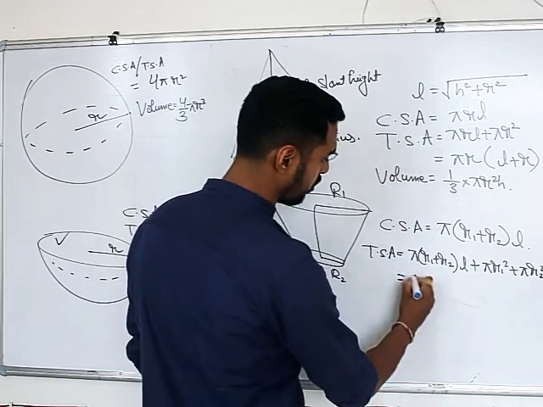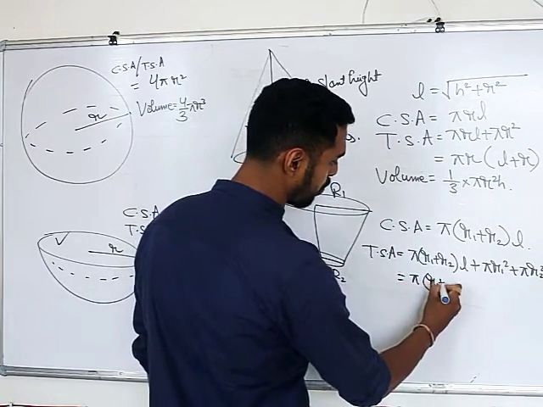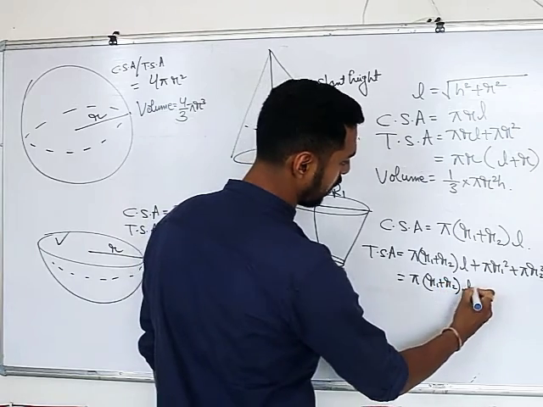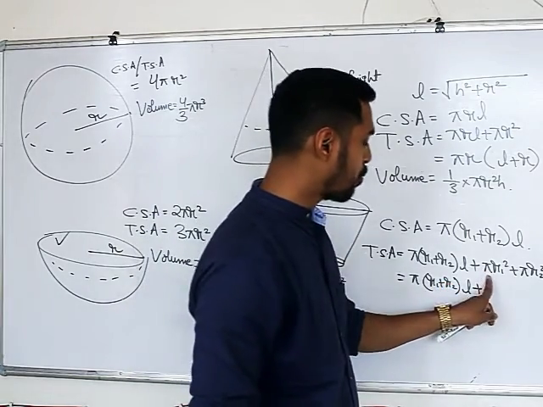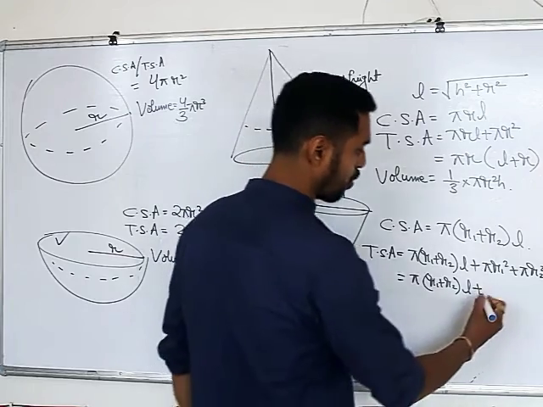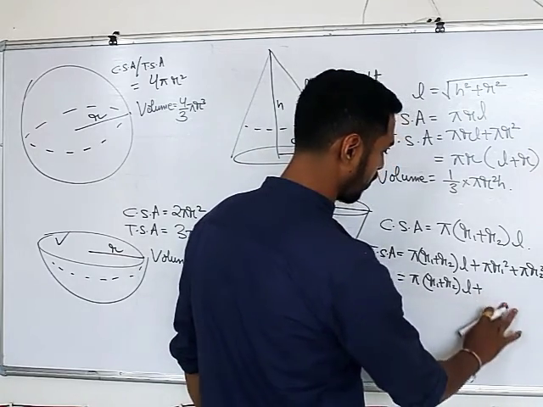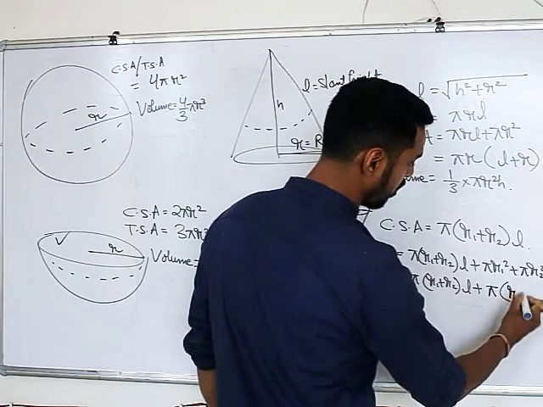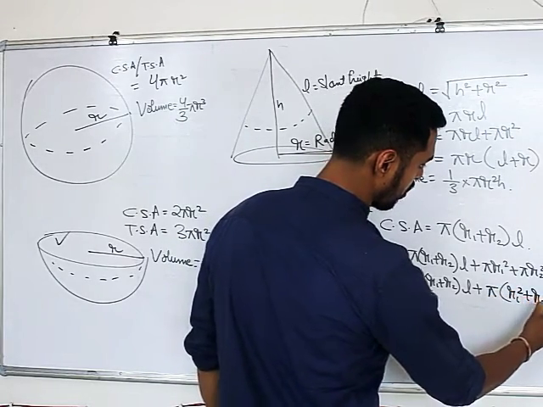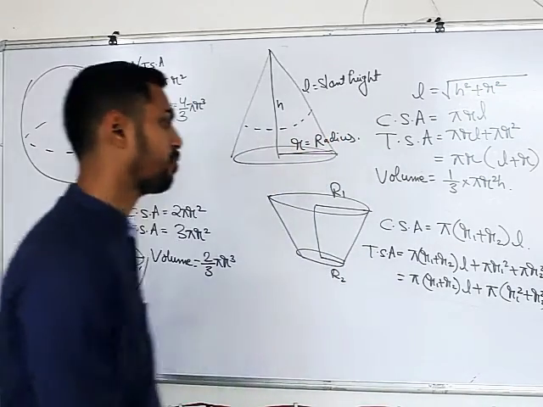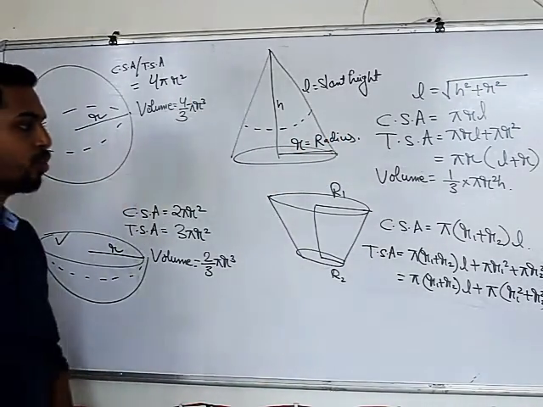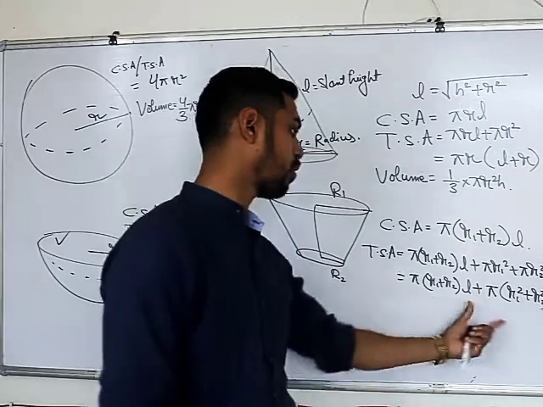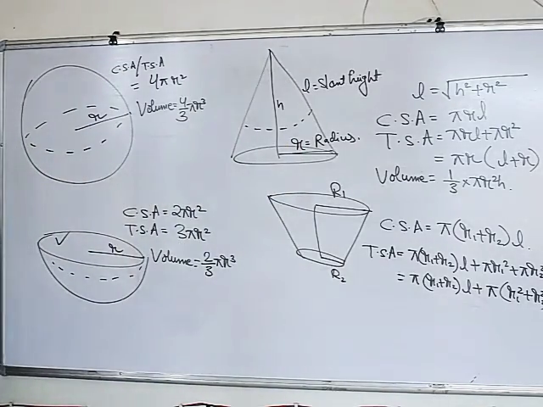It can be further solved as pi (r1 plus r2) L plus pi will be taken as common, and we will be left with r1 square plus r2 square. Done. So basically this is the formula for your total surface area of a frustum, and after that we will see volume.